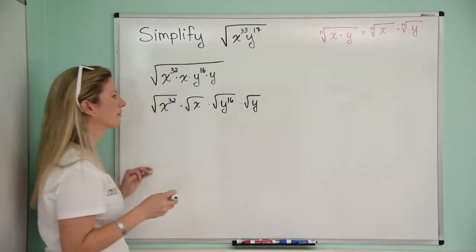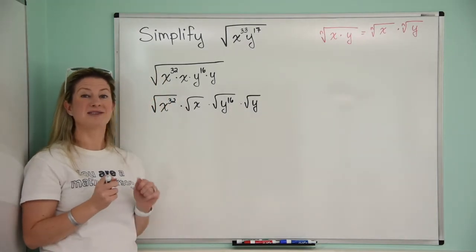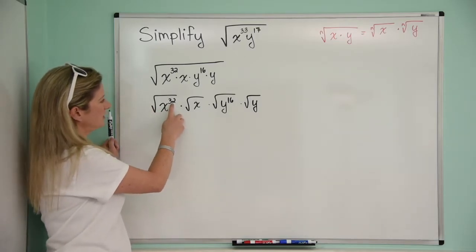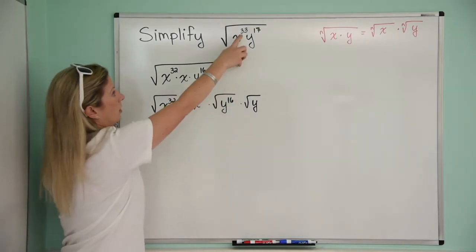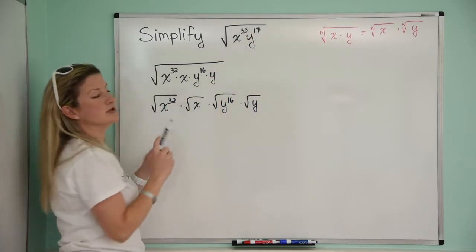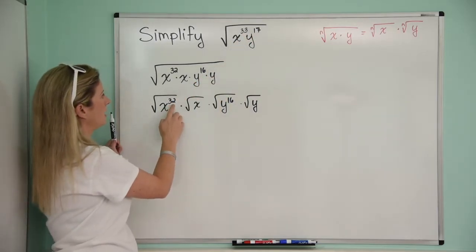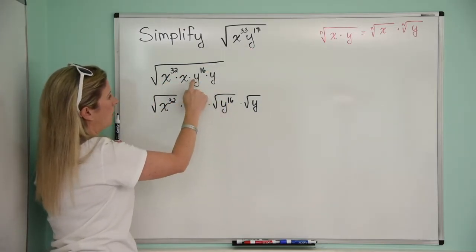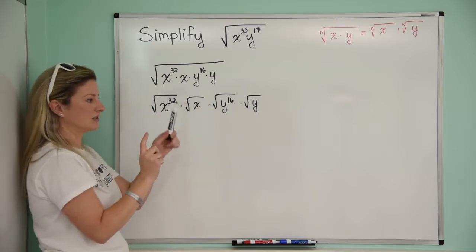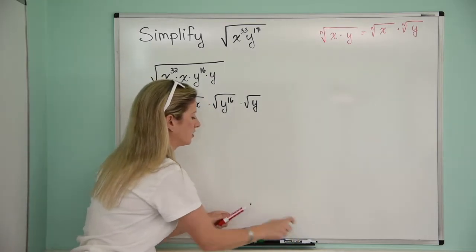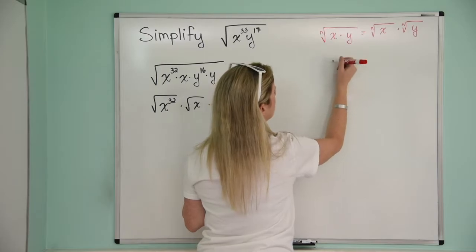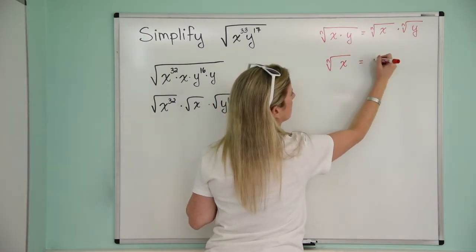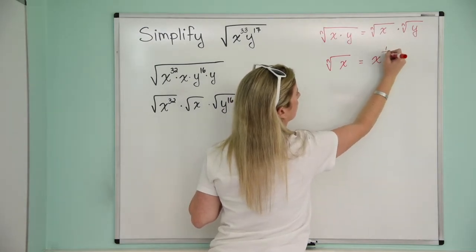Now, there's something else I want to remind you of, because this was the whole reason we wanted these exponents to be multiples of 2. Why did we write x to the 33rd as x to the 32nd times x, and y to the 17th as y to the 16th times y? This is why. You probably remember that the nth root of x equals x to the 1 over n.